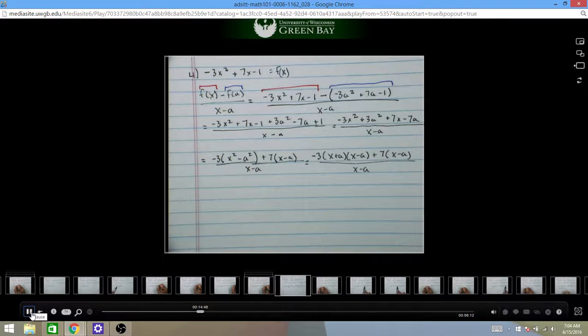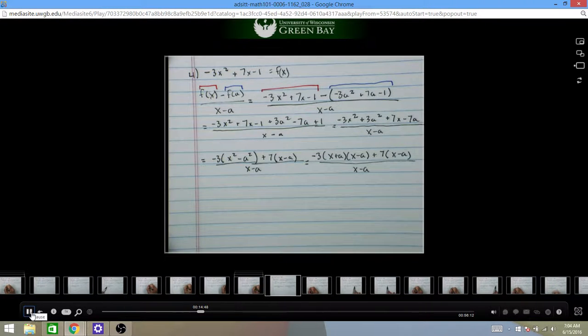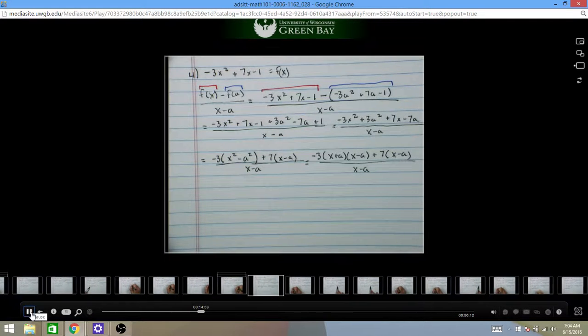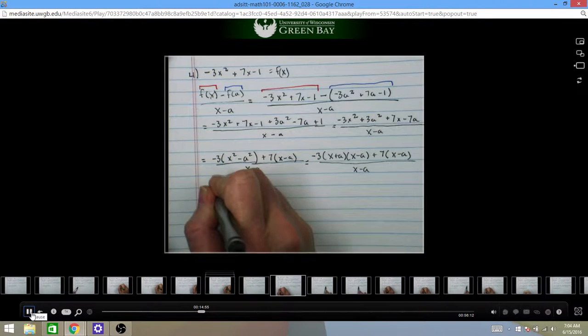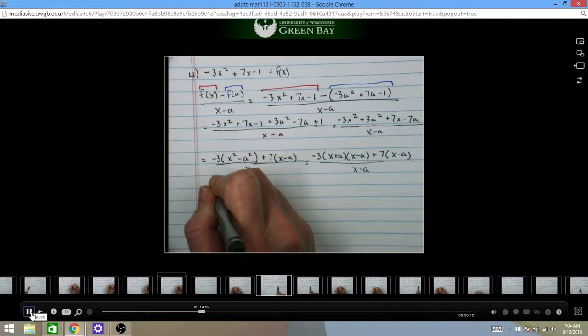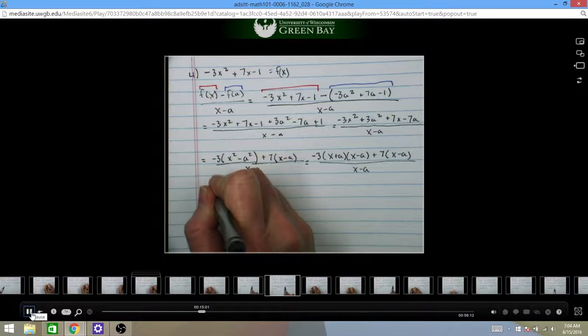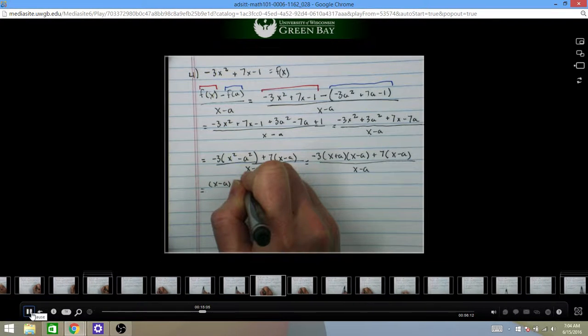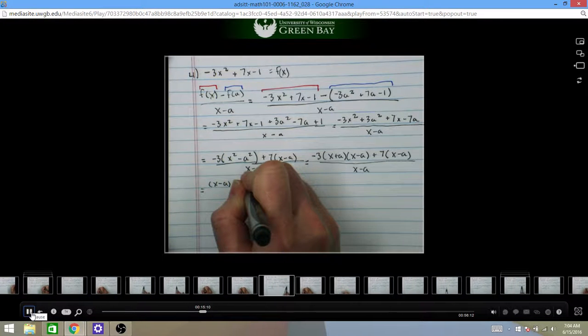So we get negative 3 times x plus a times x minus a plus 7 times x minus a, and now you can factor off the x minus a. So you factor x minus a off of these two terms, and that leaves negative 3 times x plus a. And in the second term, you factor off x minus a, and that leaves us 7.